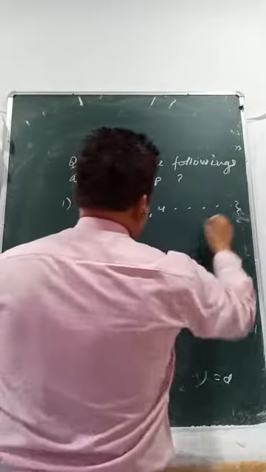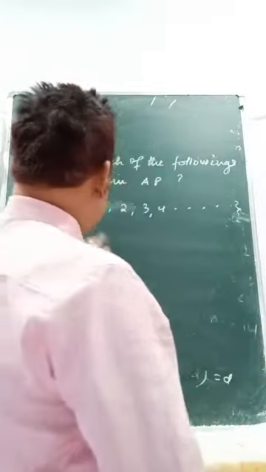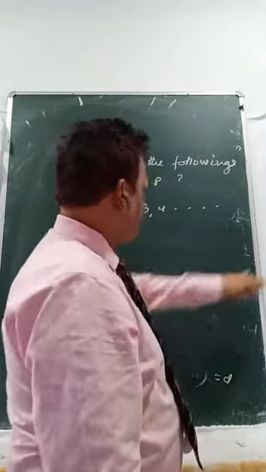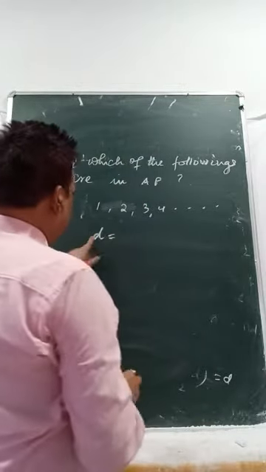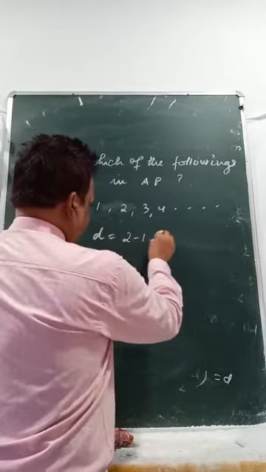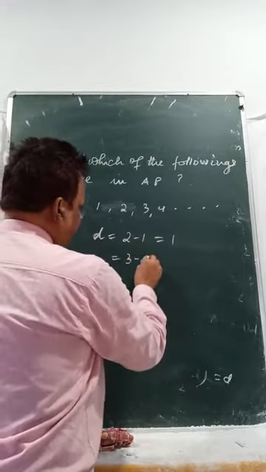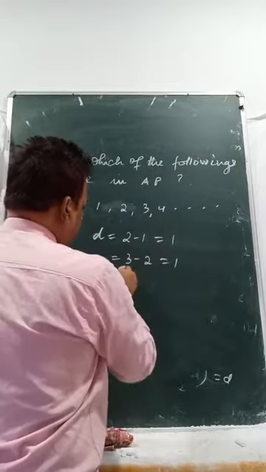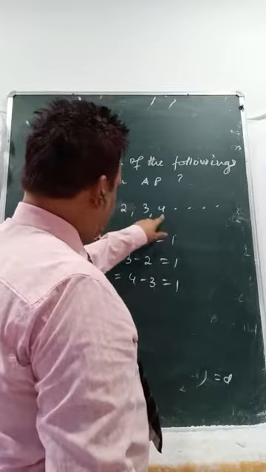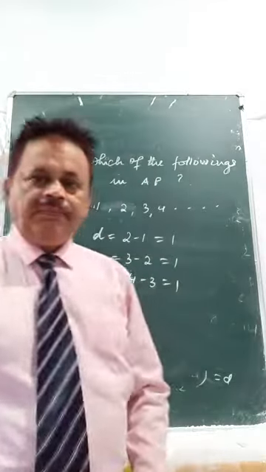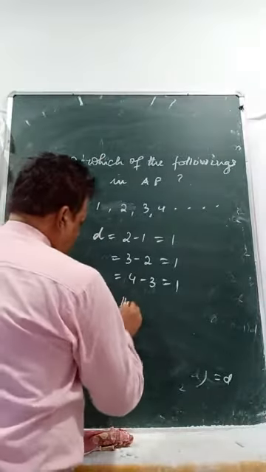So you have to find out common difference. That is 2 minus 1, that is 1. Again you have to find 3 minus 2, that is also 1. 4 minus 3, that is 1. If the common difference between two consecutive terms is same, we call this is AP. So the series is AP.